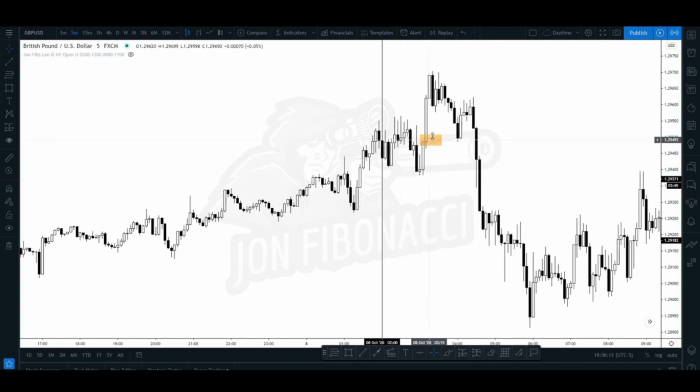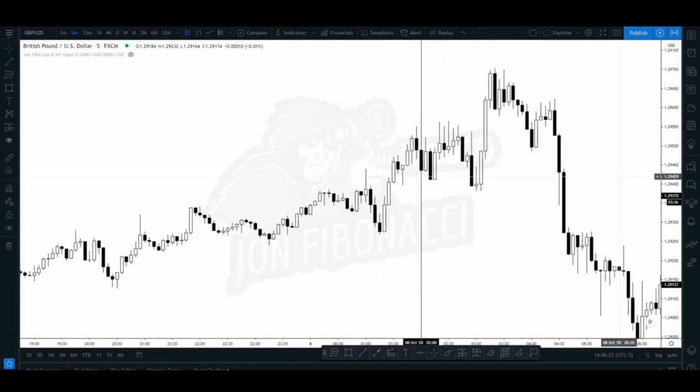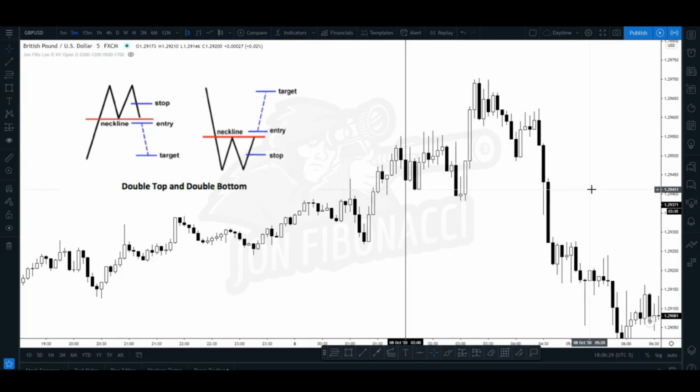All right, why did the market come all the way to this point here? Well, we got to do a little bit of, I don't even know what the right term is for it, but basically what we're going to do is look at a retail pattern, actually. So we're going to be looking today at the double top, which I don't trade, but I do like to look for because it's the exploitation of pretty much retail traders and things like that.